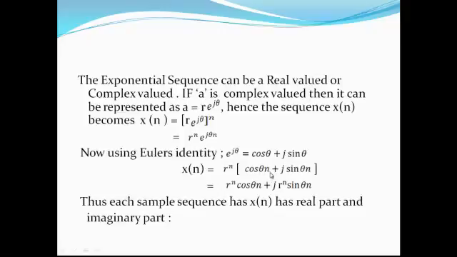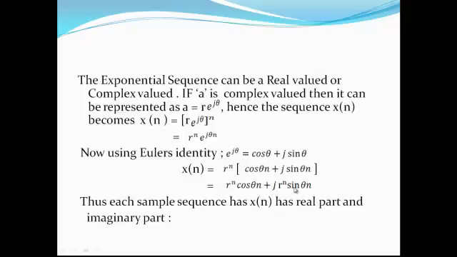This n will come here, so it's j theta n. After expanding, you will get cos theta n plus j sin theta n. Multiply by r^n with both cos and sin, so you will get r^n cos theta n and r^n sin theta n.